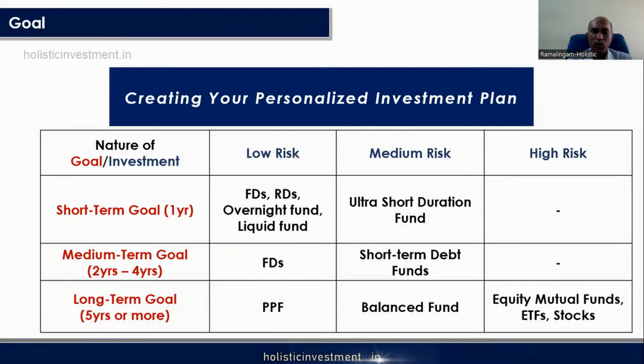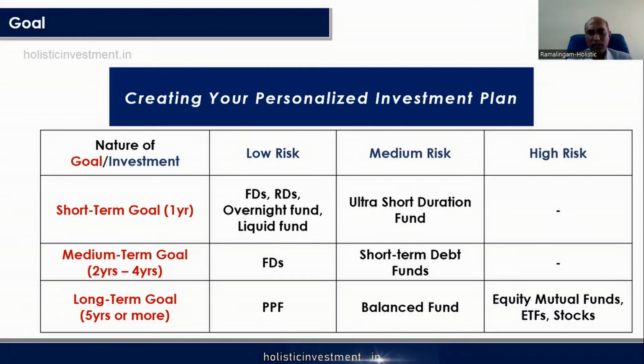For your long term goal as a medium risk investor, you can choose balanced funds. Balanced funds invest both in equity as well as in fixed income schemes. So they come under a hybrid category. They can give you inflation meeting, at times inflation beating returns.